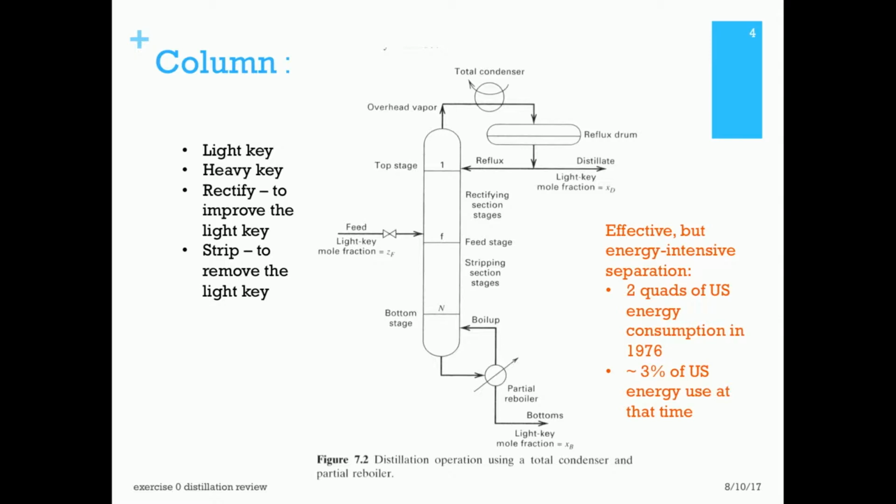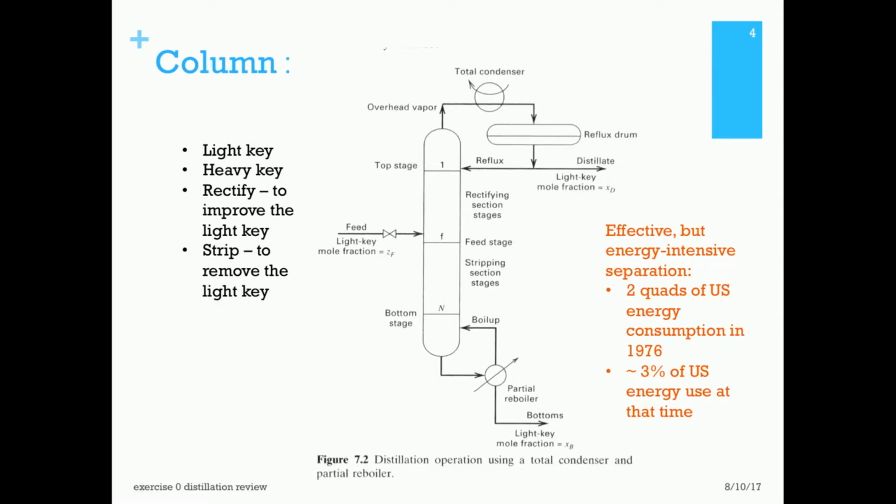In general, what we're trying to do in a distillation column is separate the light key and the heavy key. Any material which volatilizes at temperatures lower than the light key will usually appear in the top, and any component which volatilizes at temperatures higher than the bottom key will usually appear in the bottoms. This is a very effective separation technique, but it is energy intensive.